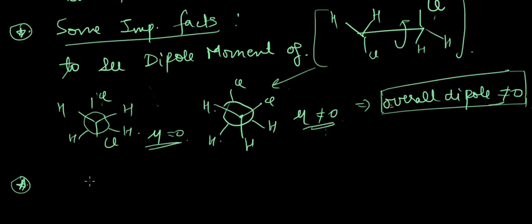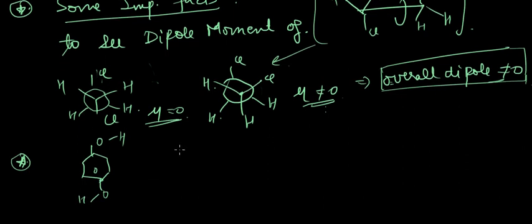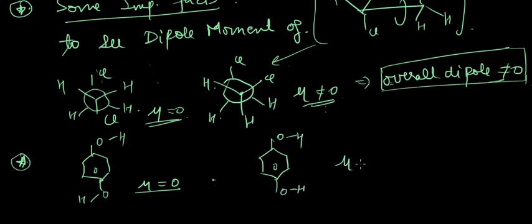Okay, so if we have something like O and H here, then actually mu for this compound is 0. But if we actually convert it into something like this, then the mu would not be equal to 0. So the overall mu would not be equal to 0.